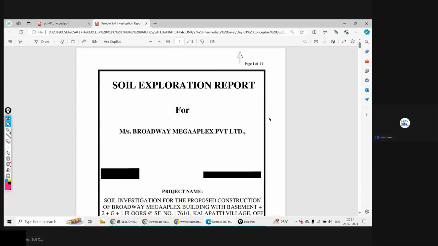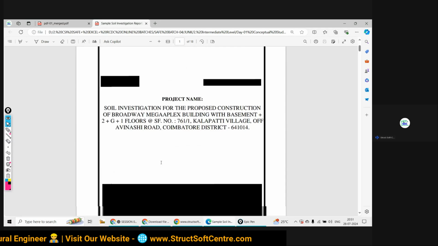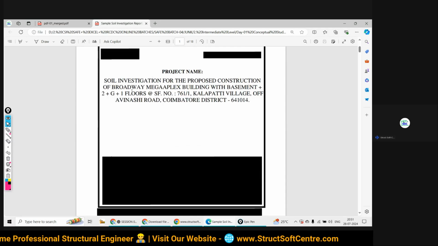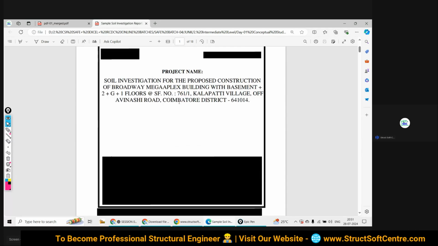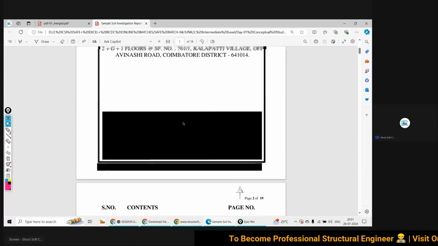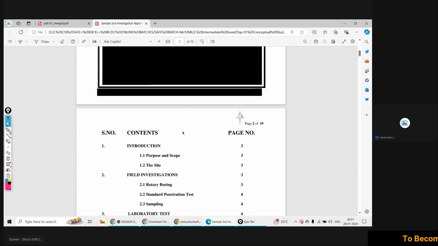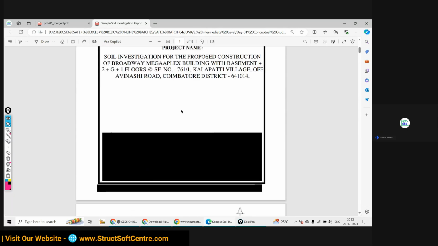Some confidential data I have hidden. Okay, so project name, as I told you, will be there, location will be there. And which company is going to do the investigation will also be written. Which senior geotechnical engineer and junior geotechnical engineer are going to execute the site will also be written.